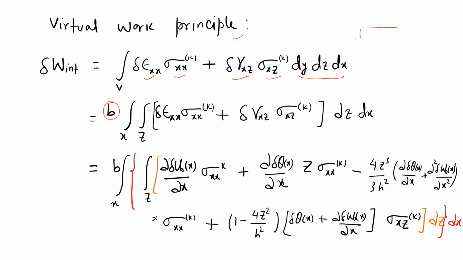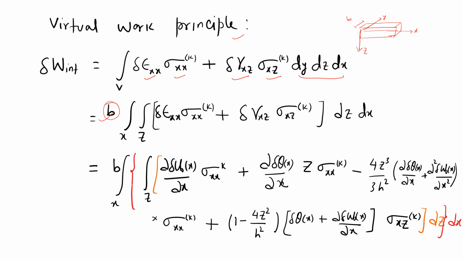If this is our beam, we have this as x, this along y, and suppose this as z. So this along the y direction is a width b. If we integrate along y, we get this b, and x and z remain.